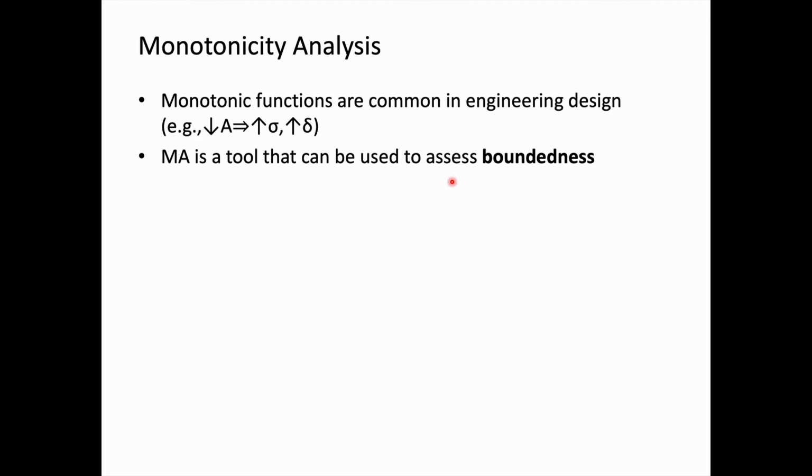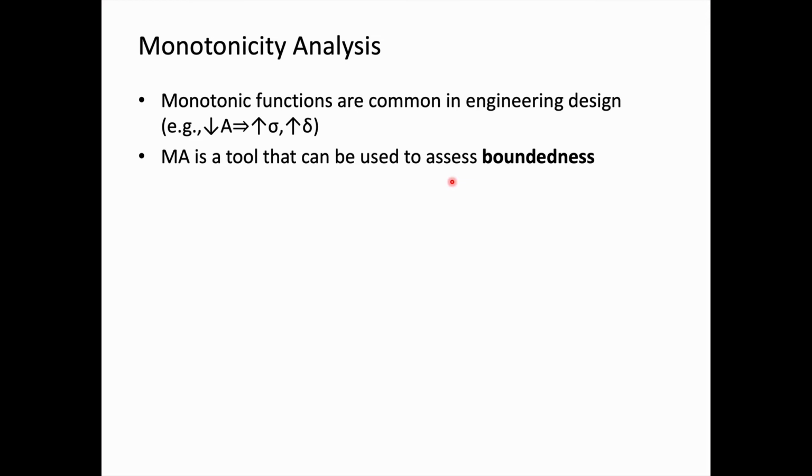And even if we can't assess boundedness directly on a problem using formal monotonicity analysis, it can give us a lot of important insights. So for example, if we have a problem where one or more of our functions is the output of a computer simulation, then we might not be able to apply monotonicity analysis in an exact way.